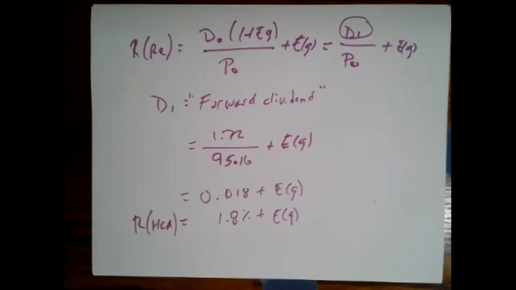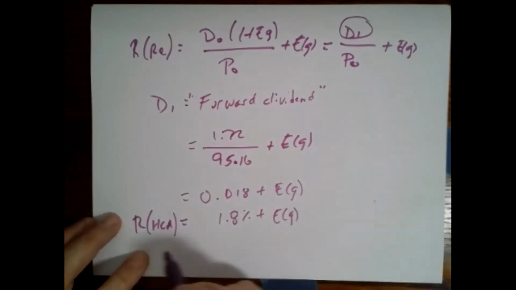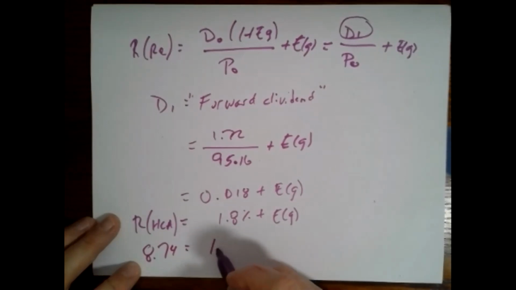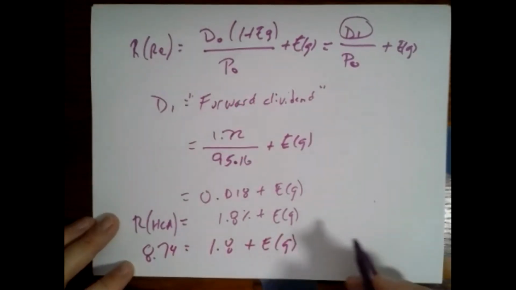So we can proxy that 8.74. We could say, all right, if that's reasonable, 8.74 equals 1.8 plus expected growth rate.